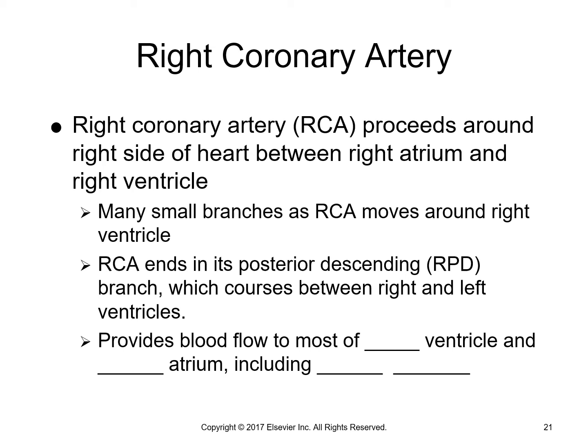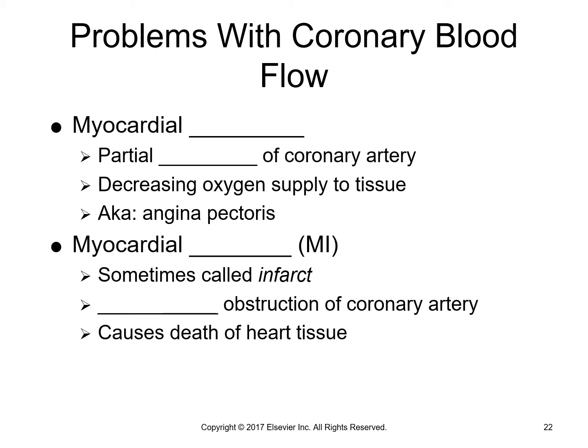All right, so what happens when we have impairment of that blood flow? If our coronary arteries are damaged or thickened, or there's a blood clot or whatever, it's not a good outcome for us. So we have your first MI, myocardial ischemia.